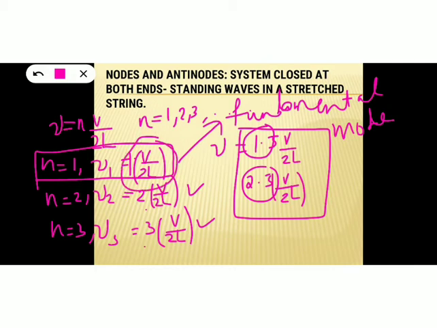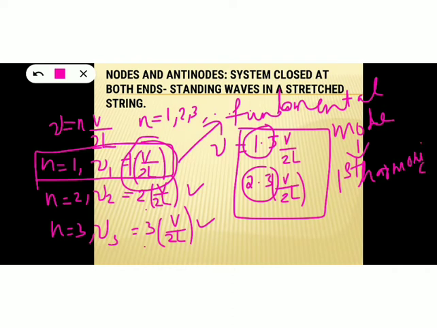This is the lowest frequency, that is V by 2L. Then what is the relationship between lambda and L for the harmonics? This fundamental mode is also known as the first harmonic.